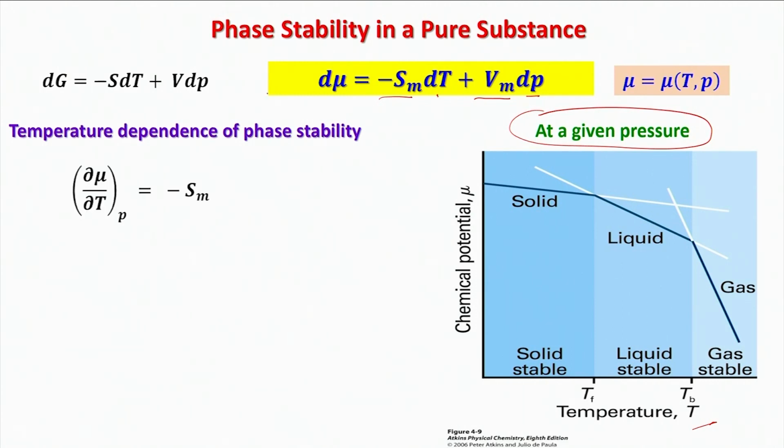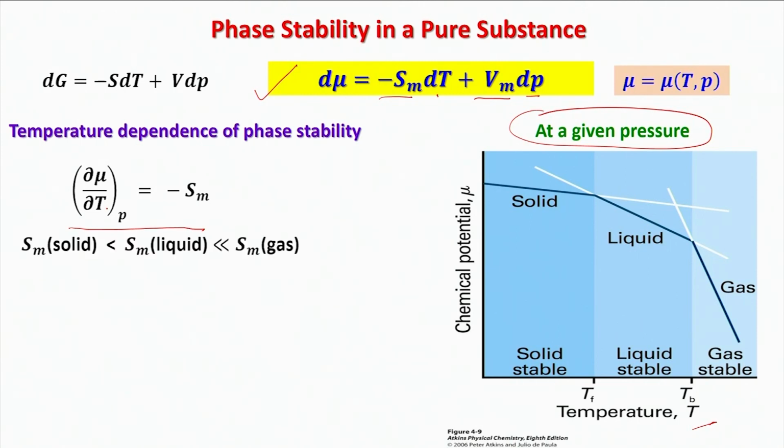I know from this equation that (del mu/del T) at constant p is equal to minus Sm, where Sm is the molar entropy of the substance. So now it says that if I am in a temperature range at constant pressure such that only one phase is possible, then for a given phase of the substance, if I plot mu as a function of temperature, different phases are going to have different slopes.